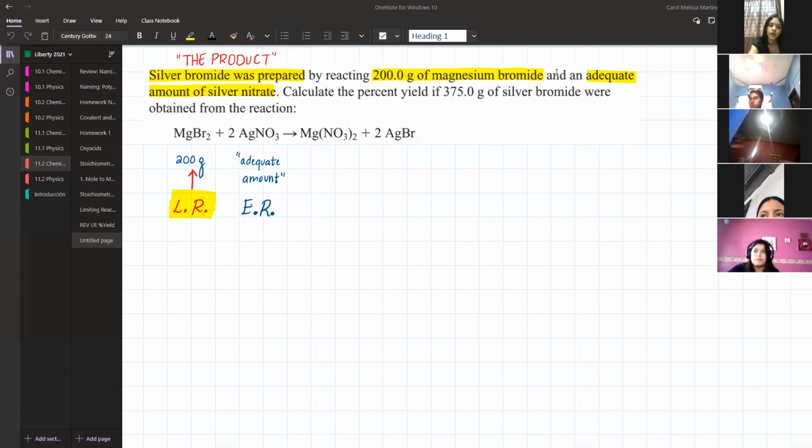We care about the limiting reactant. So, now, according to the word problem, it says, calculate the percent yield if 375 grams of silver bromide were obtained. Those 375 grams, is it the actual yield or the theoretical yield?